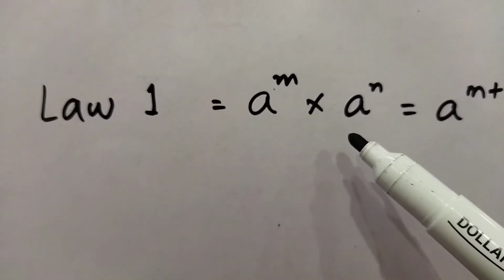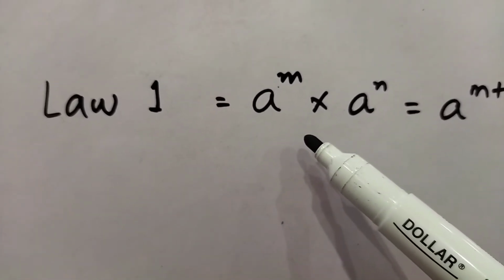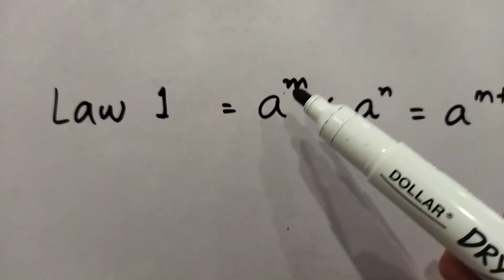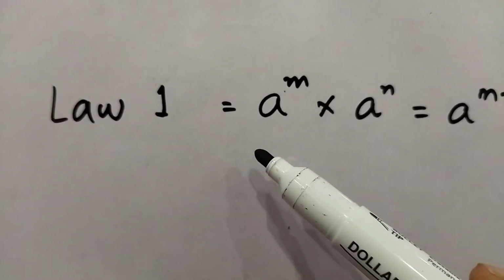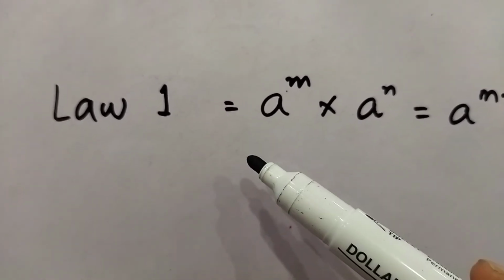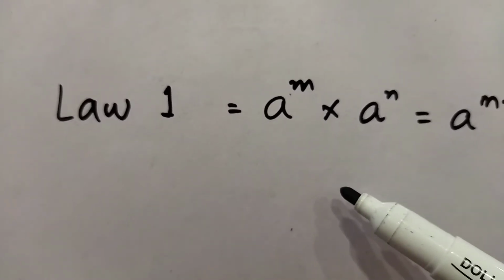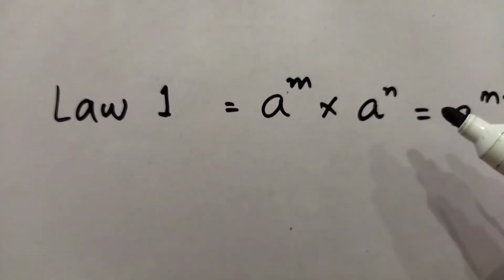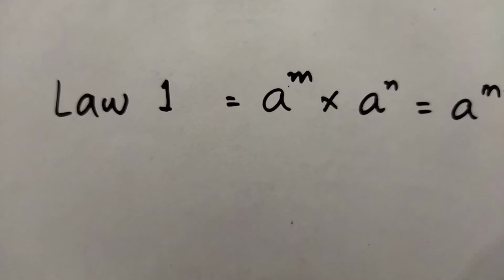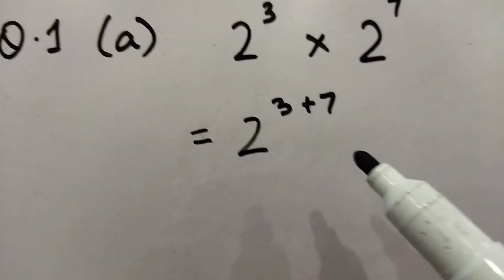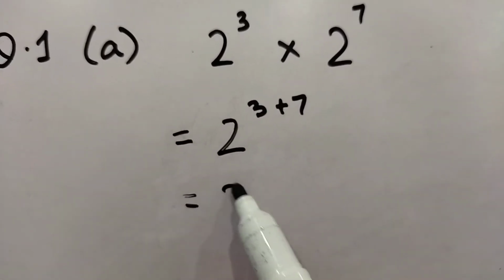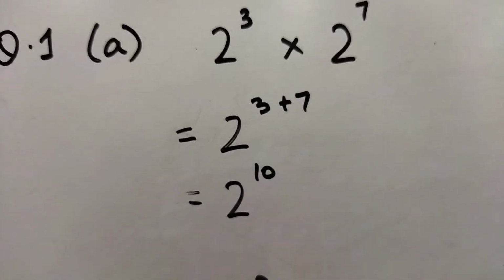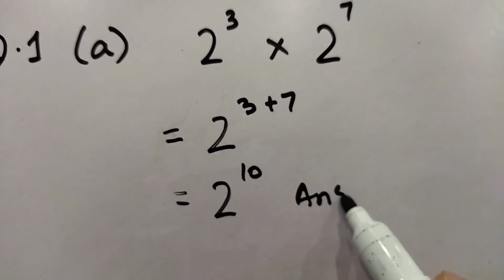Whenever the bases are same and they are multiplied to each other, all you need to do is add up their powers. Bases are multiplying. We do not need to do anything to them. Instead, we have to add up their powers. So the answer would be 2 raised to power 10. Right? This is the answer.